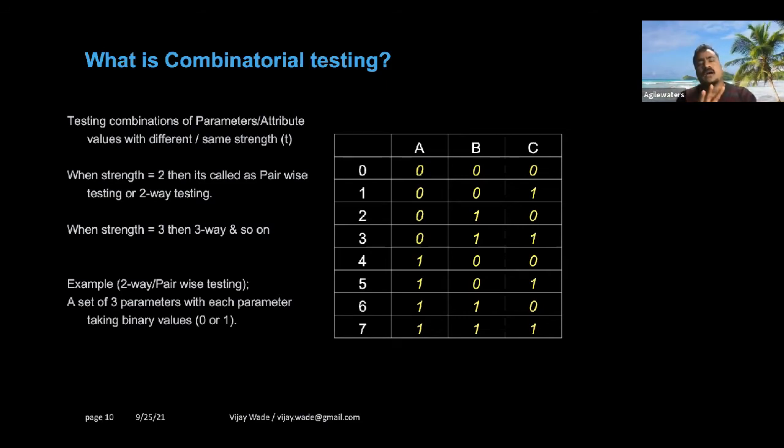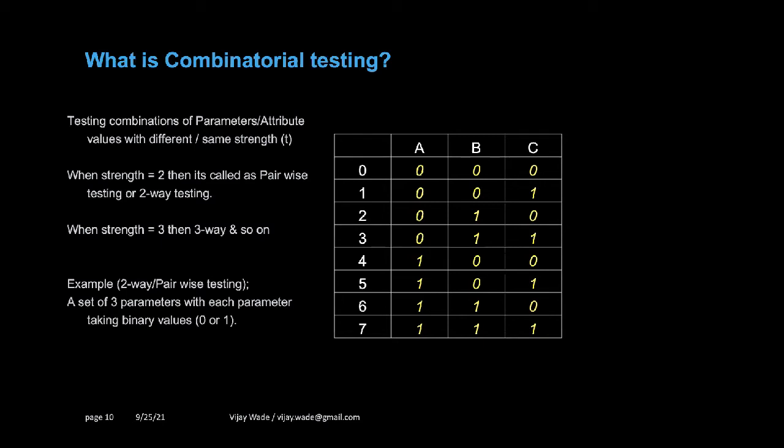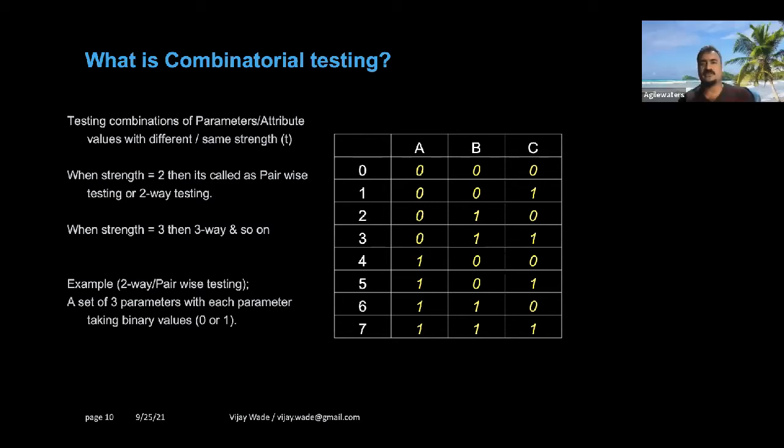So how can you do the best testing, guys? The best testing is: how many combinations or test cases will you have to write if you want to do all the test cases? At least 8: 0, 1, 2, 3, 4, up to 7.